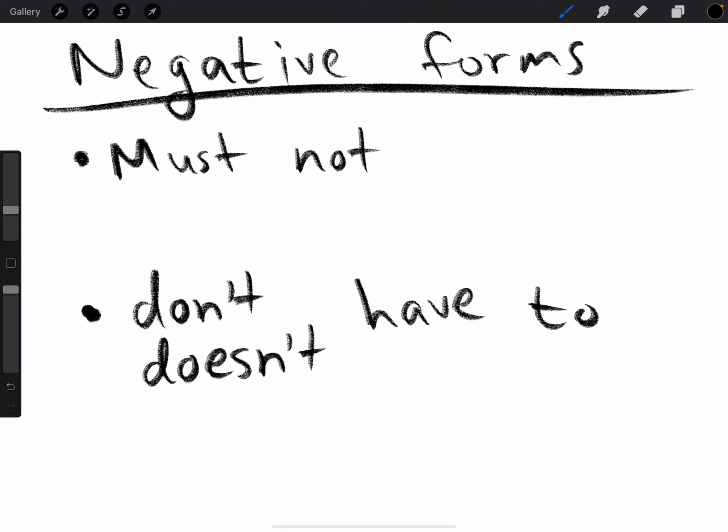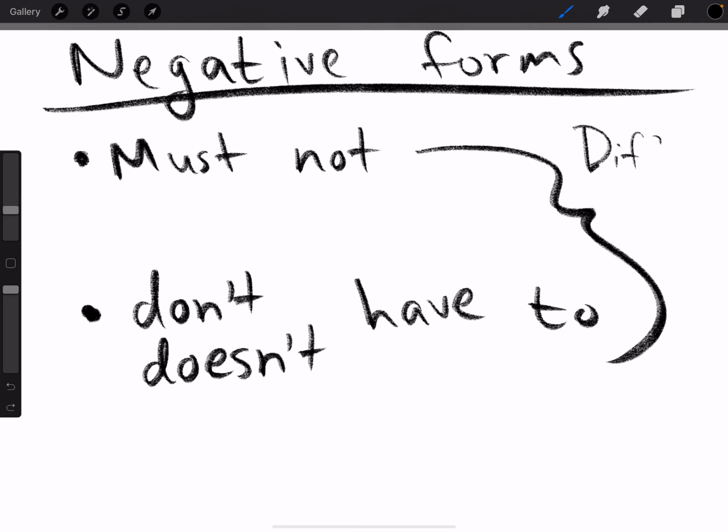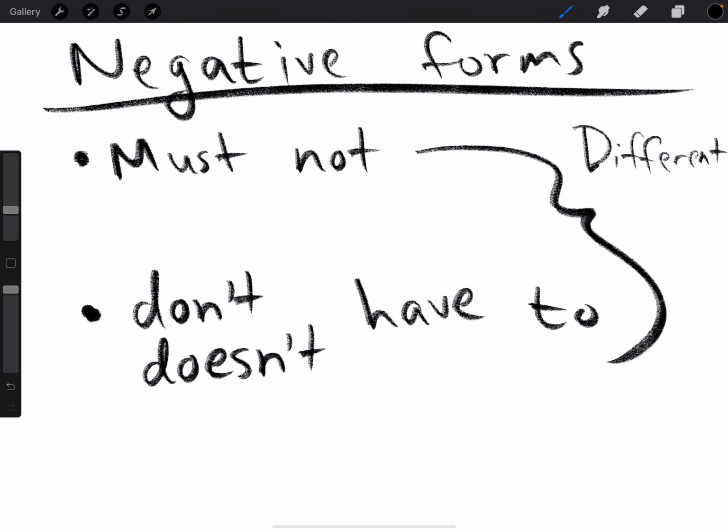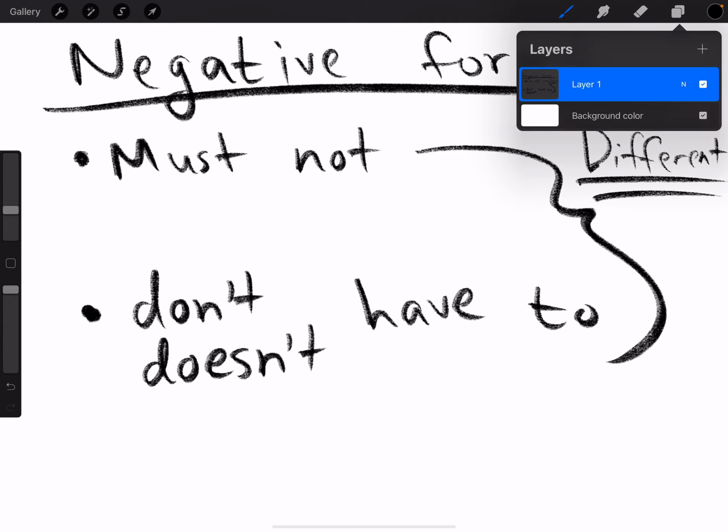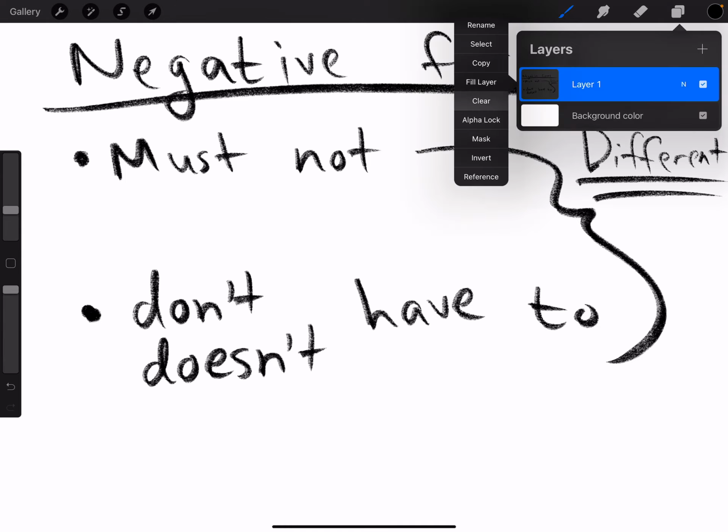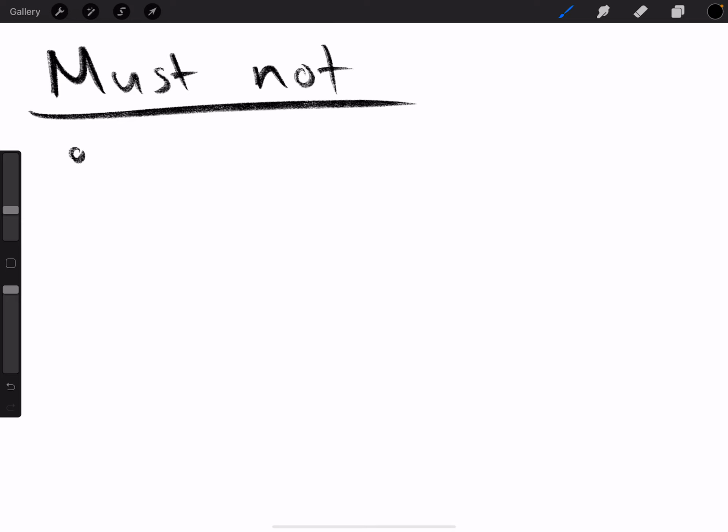But we have to be careful though, because these two are very different. In the way they mean and what they mean. So if we're going to use must not, the meaning is that we have an obligation not to.